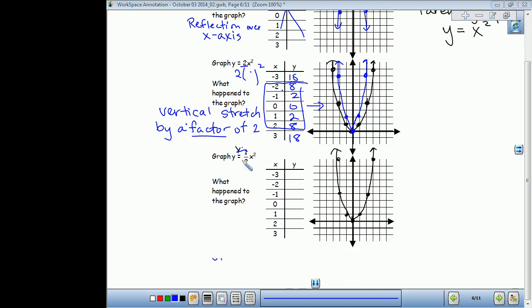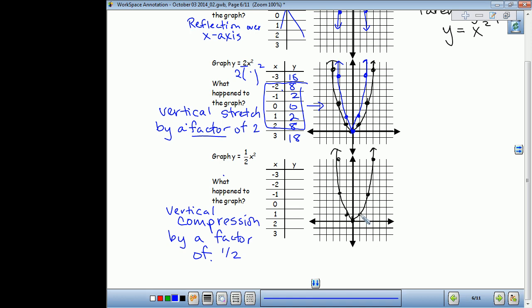Now this one is less than 1. So this is going to be a vertical squash, a compression. By a factor of 1/2.